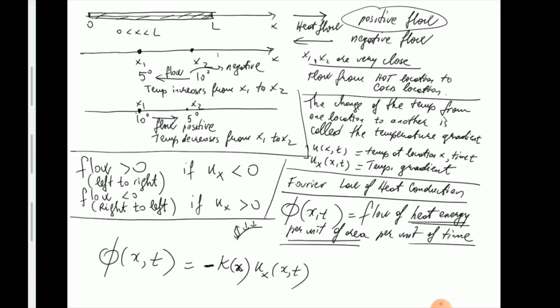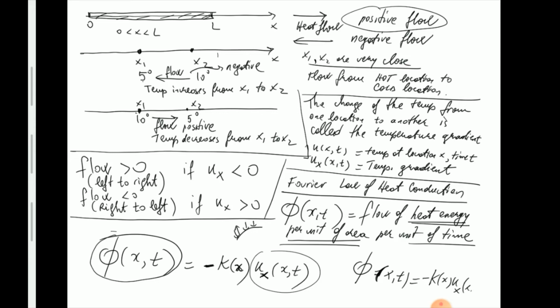The direction of the flux, of how the heat energy flows left and right, is always opposite to the temperature gradient, to whether the temperature drops or increases at that location. Later on we can drop the x and t if there's no risk of confusion, but for now let's keep it general like that. All right, so the flux is going to be minus k of x times partial derivative with respect to x of u of x and t.